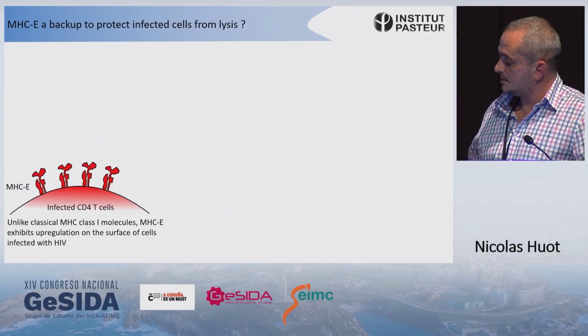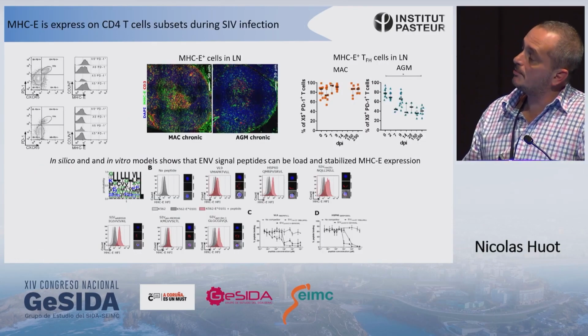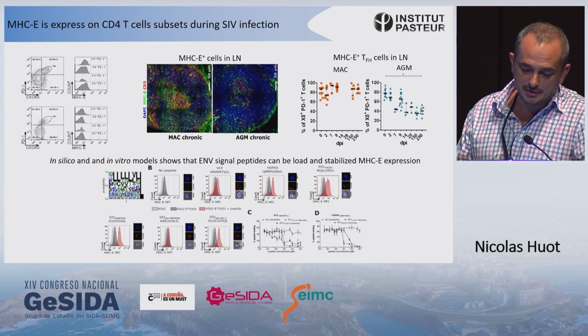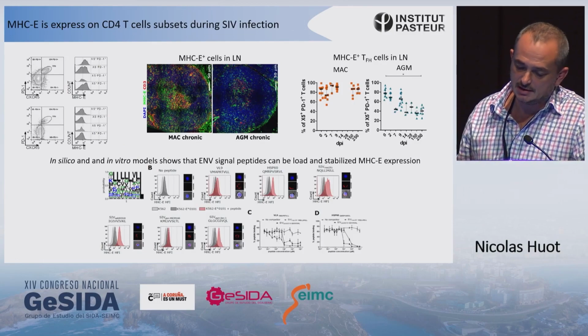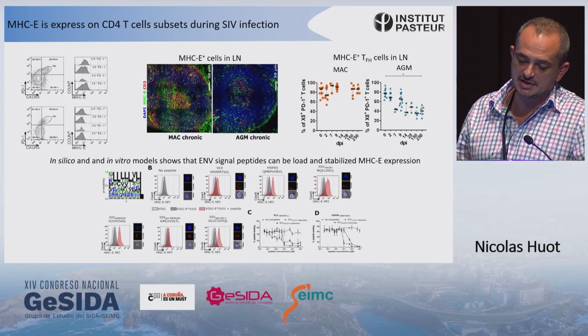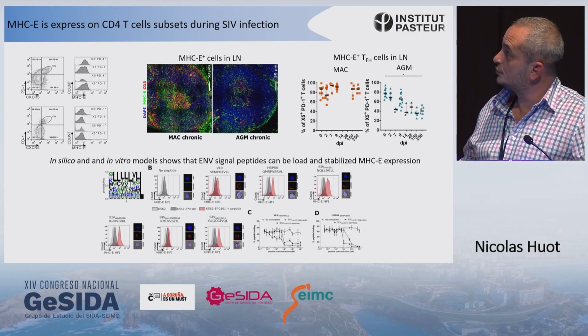So we were able to demonstrate that in African green monkey, TFH cells expressing MHC-E are downregulated and controlled during the viral infection, as you can see on the left part of the slide.